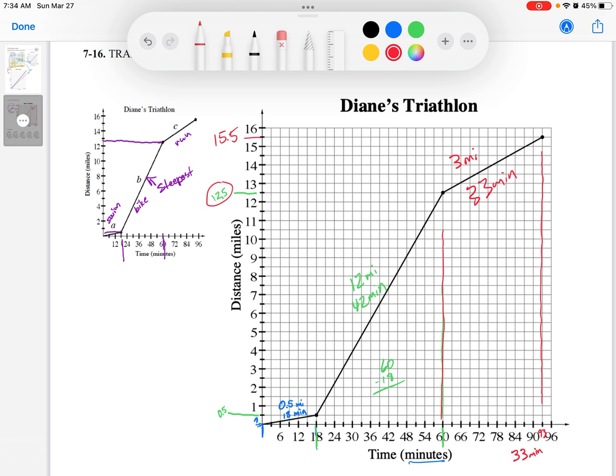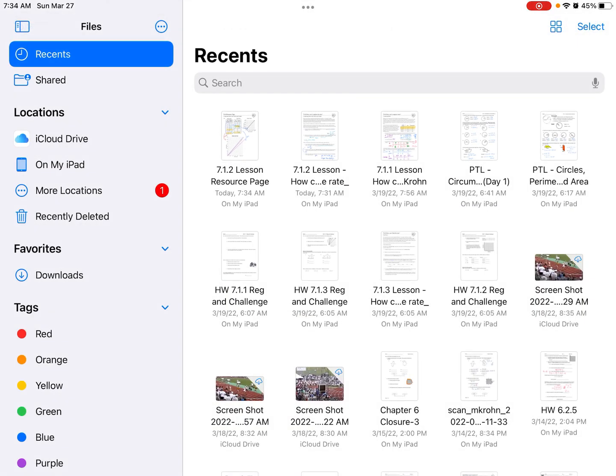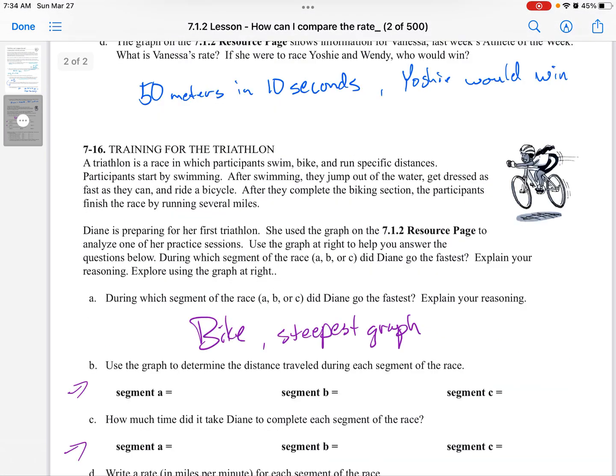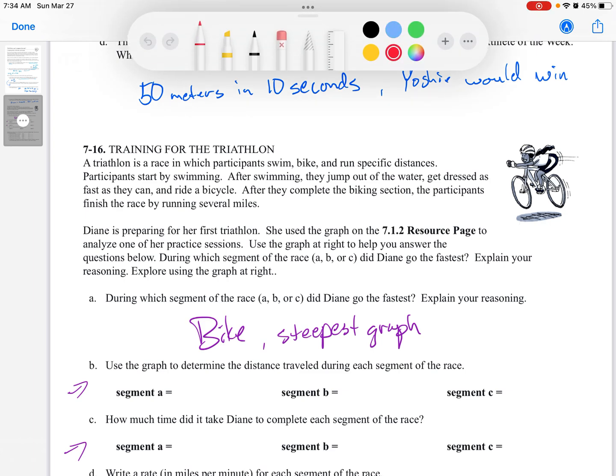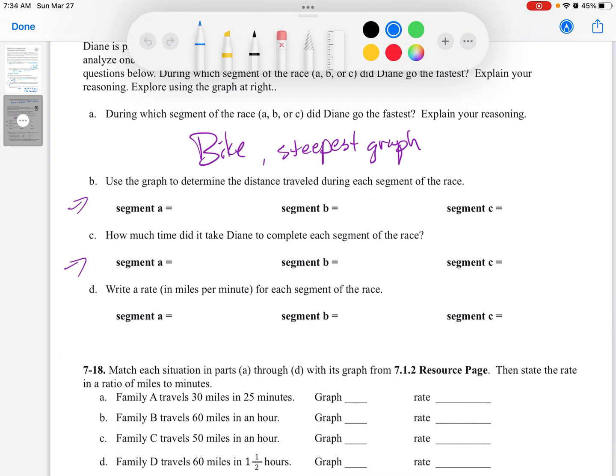All right, so let's put all that information there. That's a half mile in 18 minutes, in segment A. Okay.